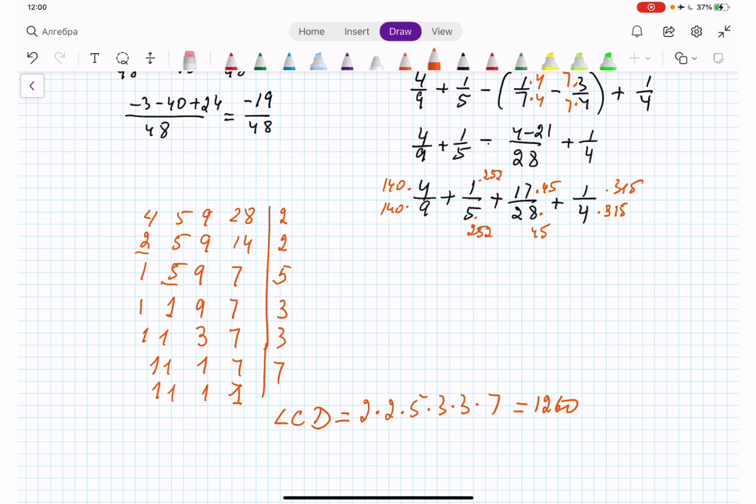All right, so what is going to be the result? Since the denominator everywhere is 1,260, now 140 times 4, 14 times 4 is 56 and a 0, plus 252 plus 45 times 17, which is 765, and plus 315. I'm going to punch it on the calculator just to save time. I know you can multiply by hand.